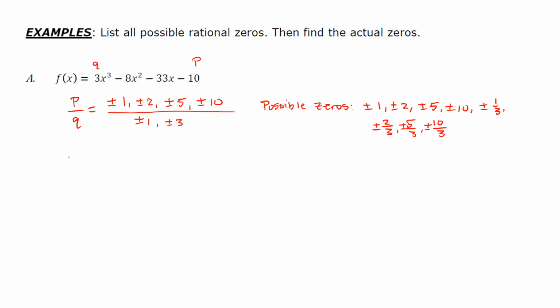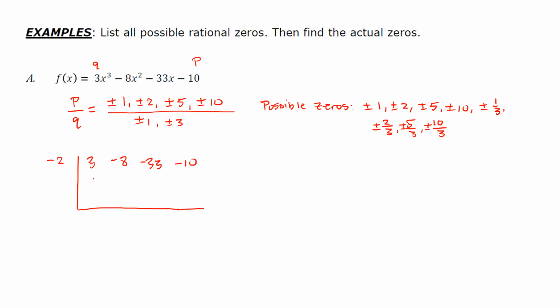Okay, so let's start off with -2. Right, so I'm going to set up my synthetic division. I'm going to take the coefficients of my terms in f of x. So that's 3, -8, -33, -10.